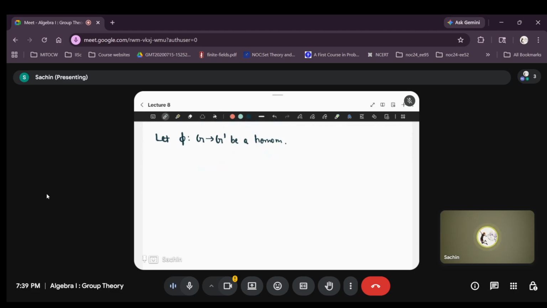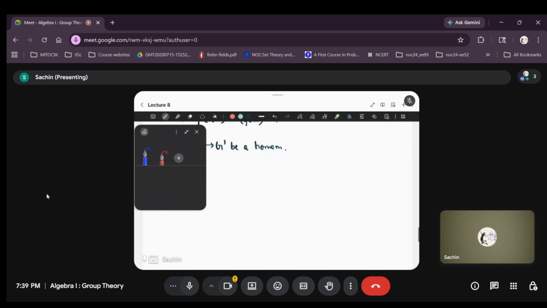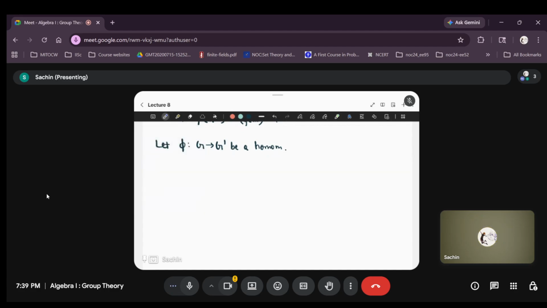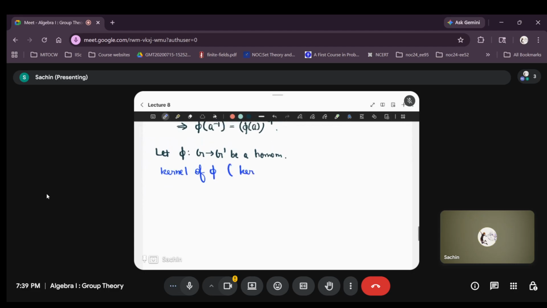So let phi from G to G prime be a homomorphism. We'll define the kernel of phi, denoted by kernel of phi, or sometimes I might write ker phi without the brackets.